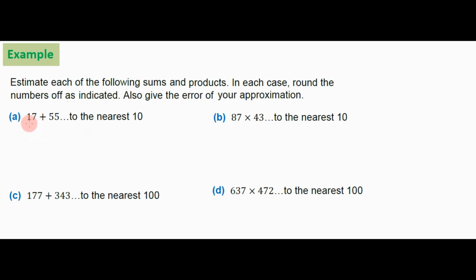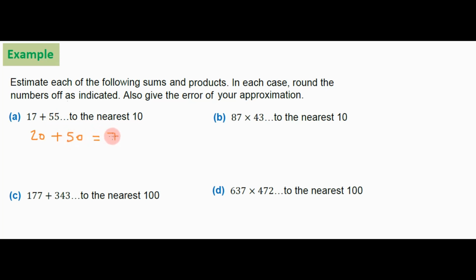Now, 17 is closer to 20 than to 10, so we can round it up to 20. 55, we can either round up to 60 or down to 50 because we have a 5 as a second digit here. So, because we rounded off 17 to 20, we can round down 55 to 50.